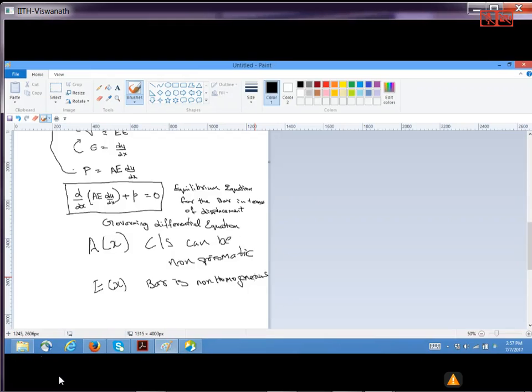But in most academic problems, we consider the bar to be prismatic.